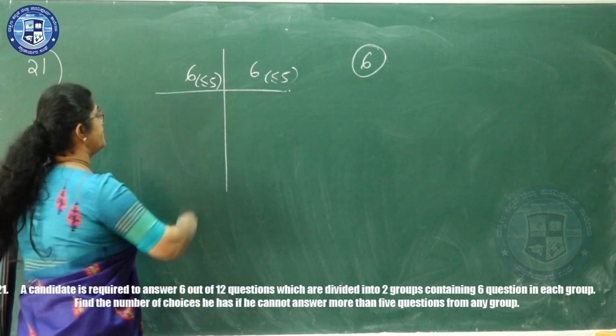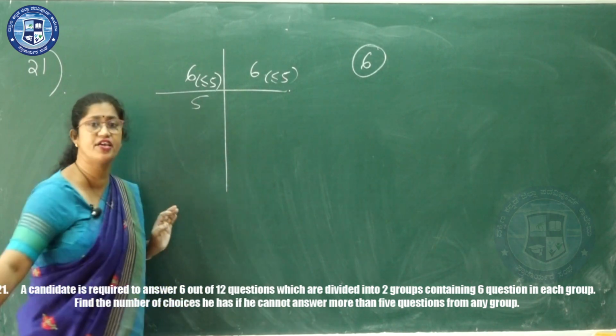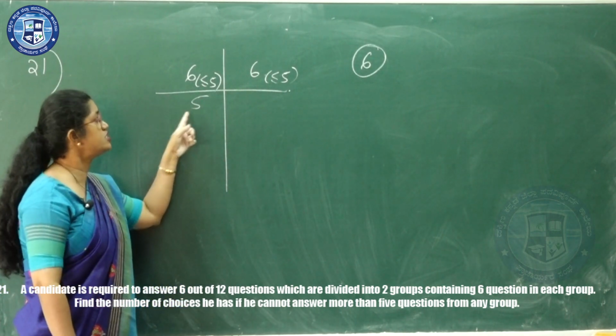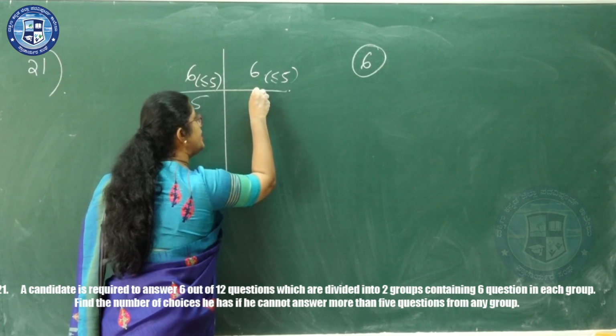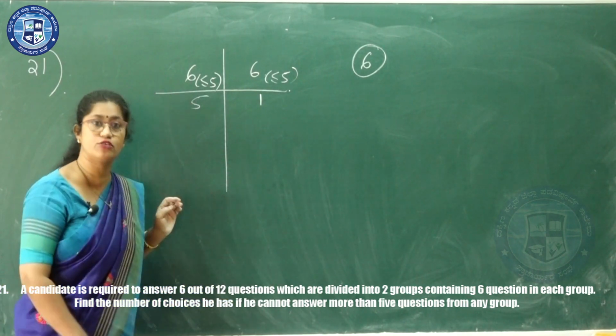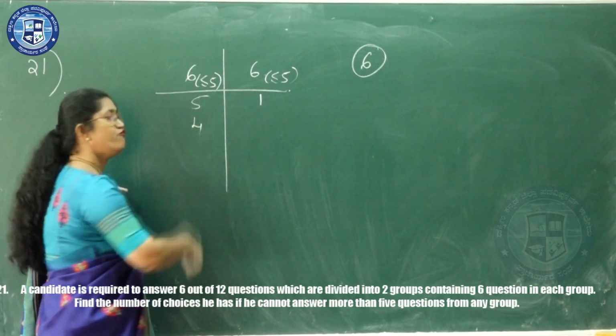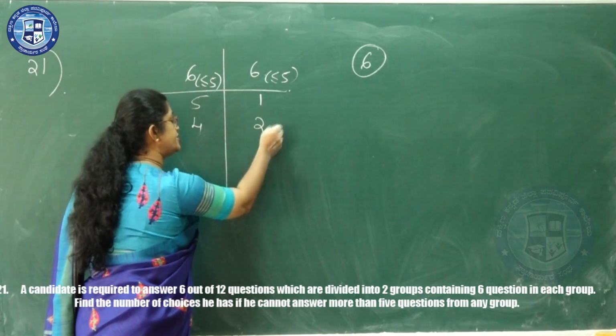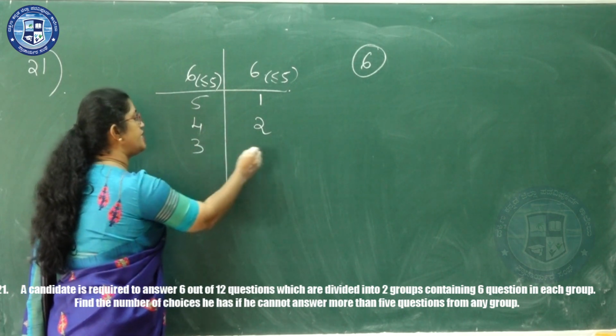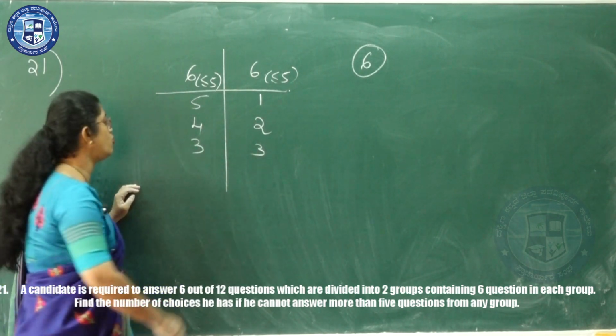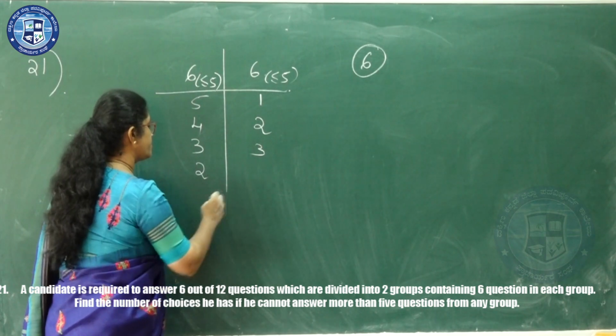Let me start with the maximum, that is 5. If I have to write 5 questions here, then I need to attempt 1 from here to make it a total of 6. I cannot go more than 5, so I'll go less. 4. To make it 6, I need 2. And next one is 3. So to make it 6, I need 3 more. It is 2 here.